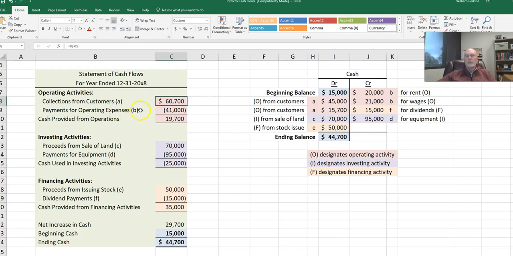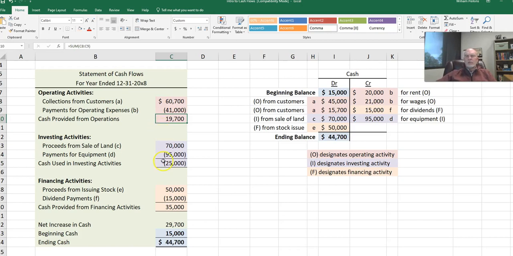So our total payments for operating expenses was $41,000. So under operating activities, we had collections from customers and we had payments for different types of expenses. So the net cash provided from operating activities is $19,700.